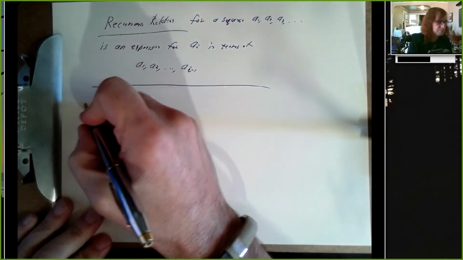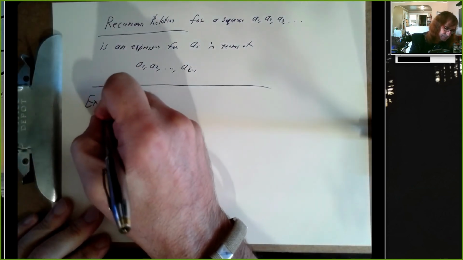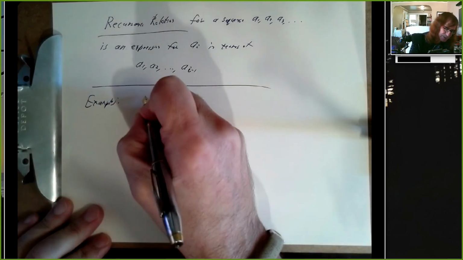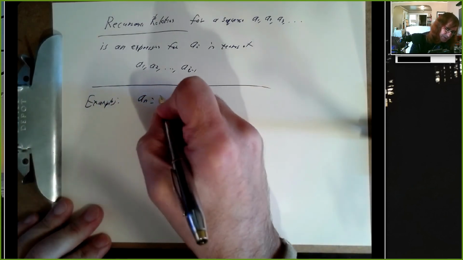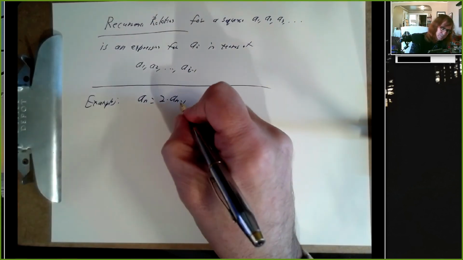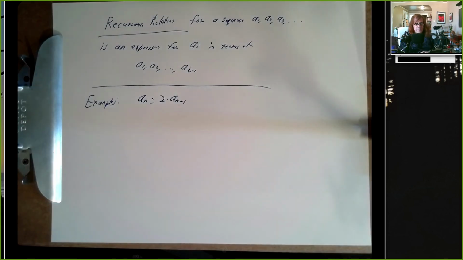For example, we might have a sequence where an is equal to 2 times an minus 1. And this is dynamite right here, by the way. We are talking about something that's going to be the core of most of this course.